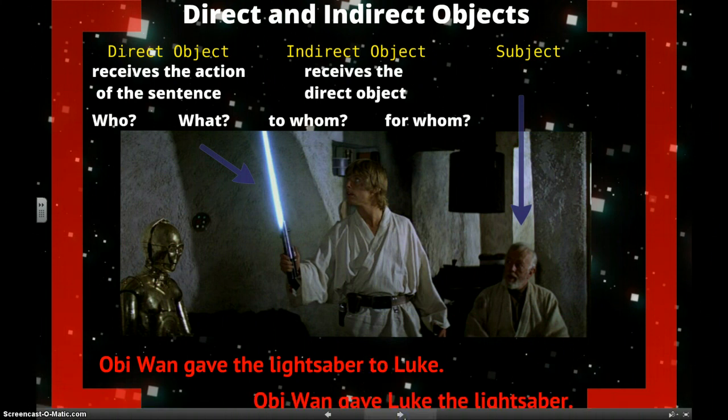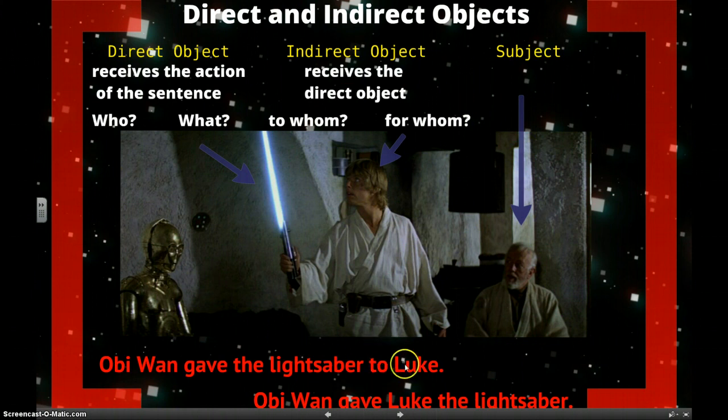Obi-Wan gave Luke the lightsaber. In this sentence, Luke is the indirect object. So notice both of these sentences are saying the exact same thing. One is using the preposition to, and one is making Luke an indirect object. So you can do either one. You can always change an indirect object to use the word to or for, and that will make sense.